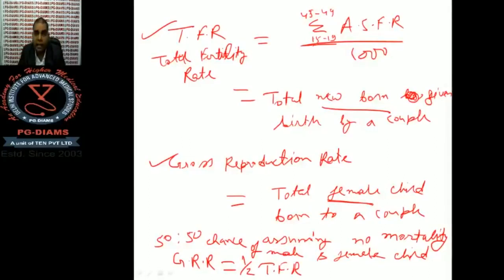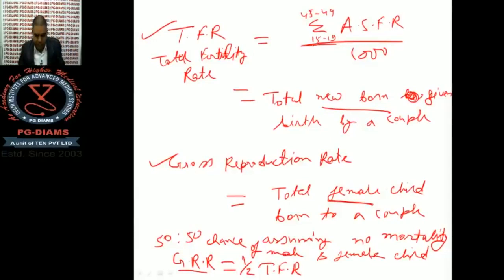Do you understand why? Because gross reproduction rate includes only female child and total fertility rate includes both male and female. So out of this male and female, half will be female, so half of total fertility rate will be equal to gross reproduction rate.